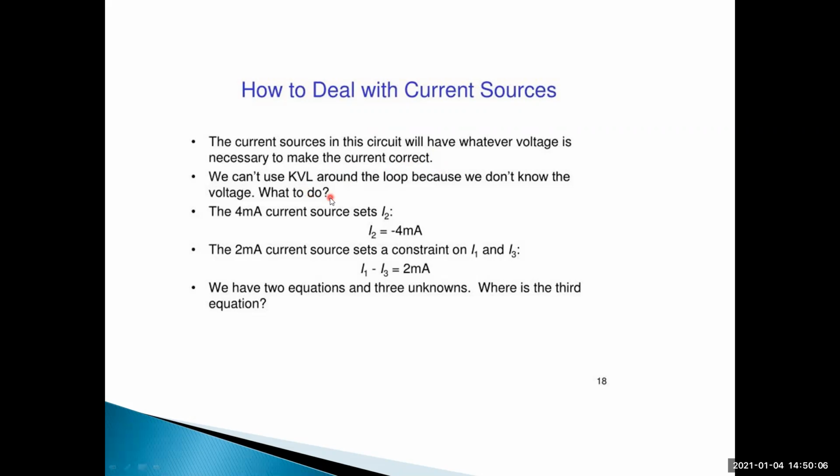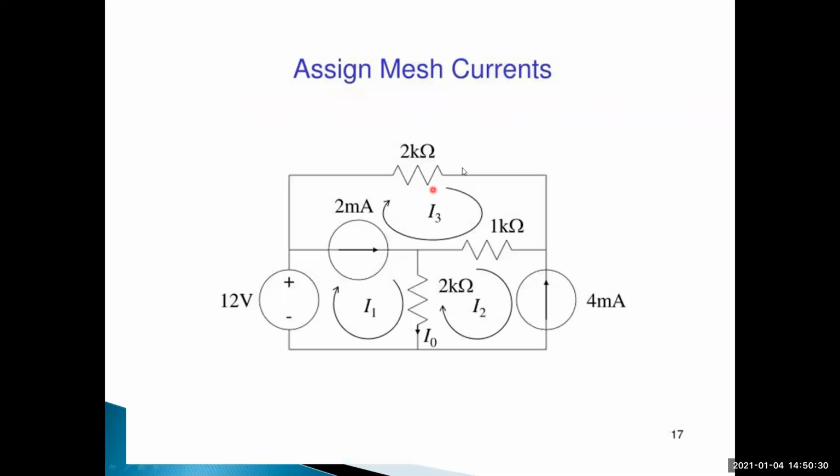We can't use KVL around the loop because we don't know the voltage drop across the voltage source. Understood? And also in current sources, we don't know the voltage drop across the current source.